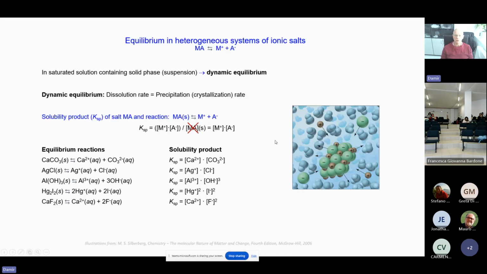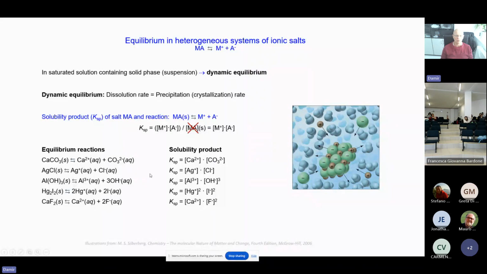The value which describes equilibrium is the solubility product. More probably you met it before. So the solubility product is defined as the product of ions in a solution at equilibrium. For a salt like calcium carbonate, which is a 1:1 salt, the solubility product is defined as the product of calcium and carbonate concentrations, actually the activity of calcium and carbonate ions.